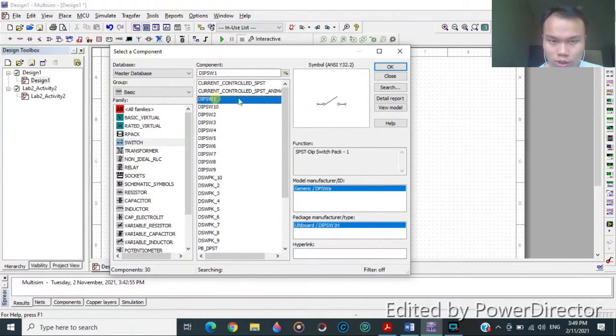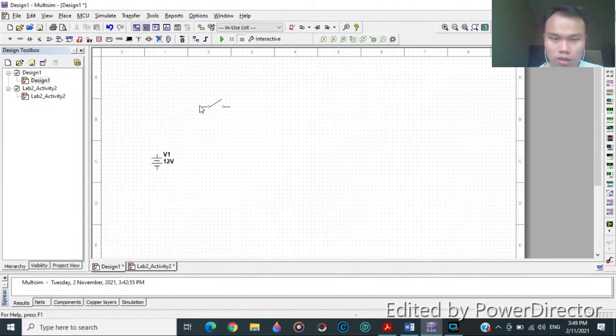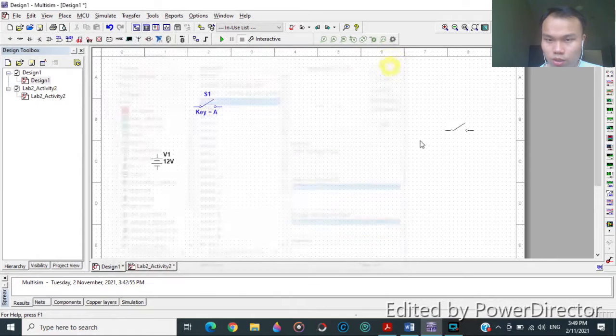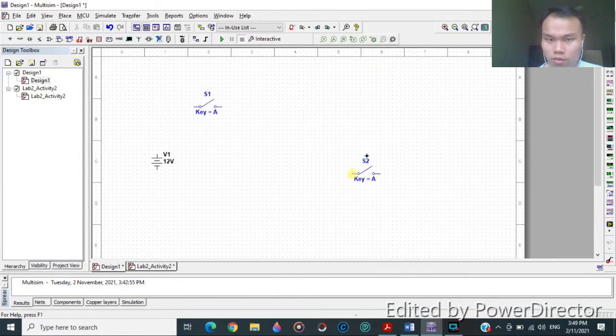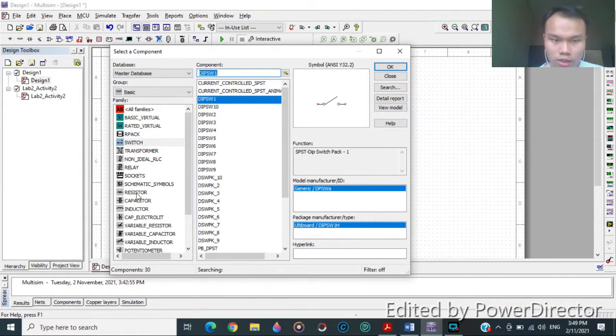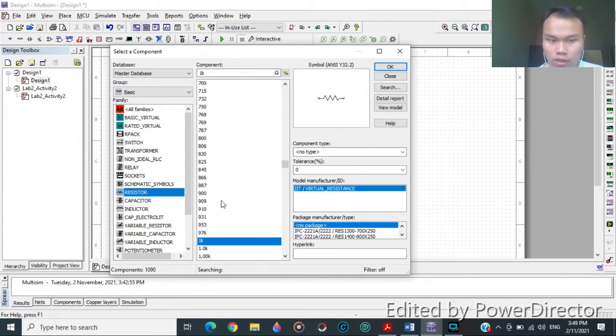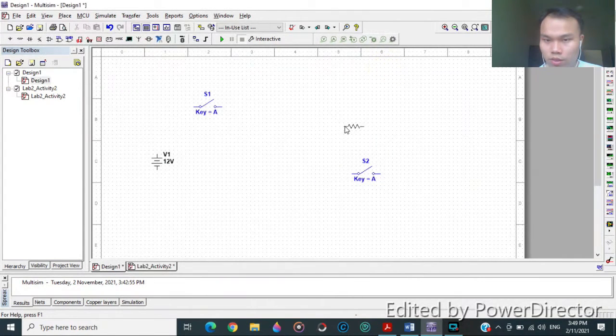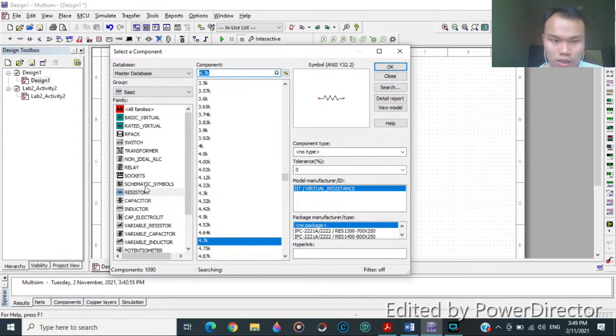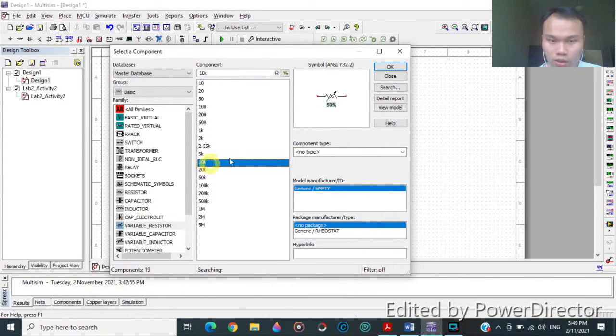Take switch P1. There are two switches in the circuit. And I'm going to have a resistor of 4.7 k ohm, and then a variable resistor of 10 k ohm.